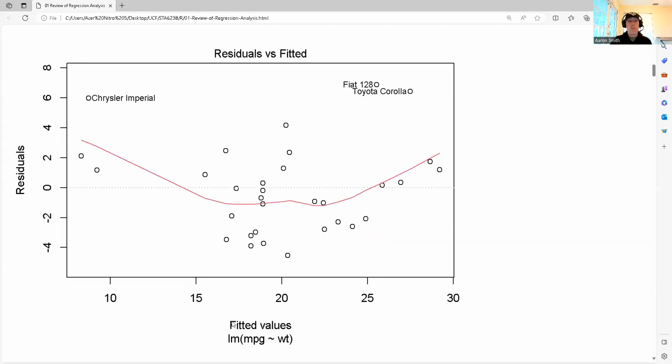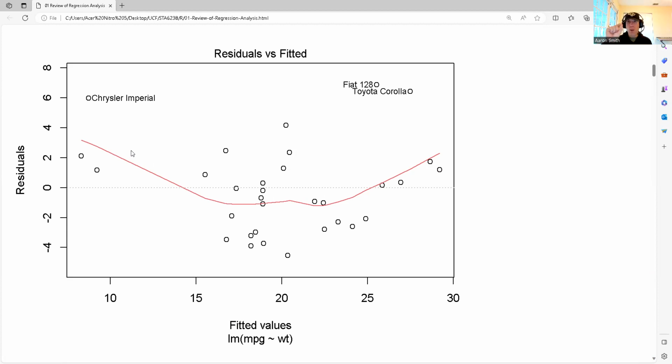So the first one is the fitted values on the horizontal axis with the residuals on the vertical axis. Now, when I look at these plots, I want to not see a pattern. That's what I'm primarily interested in. Now, you might say, well, it kind of looks like a happy face, or here's a good rule of thumb.